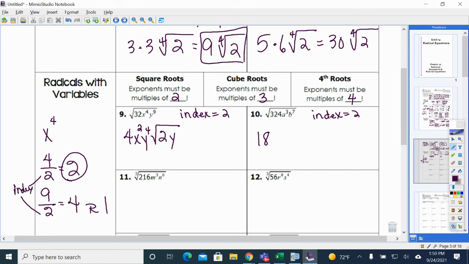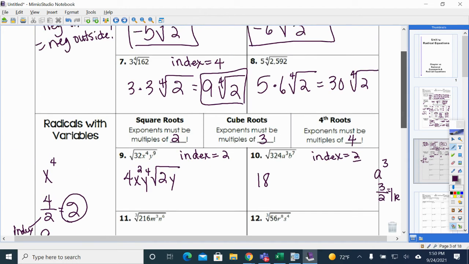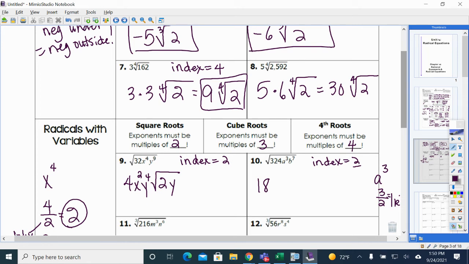Now let's talk about a's. On the a, we have an a cubed. 3 divided by the index is 1 remainder 1. So there's 1 on the outside and 1 on the inside.